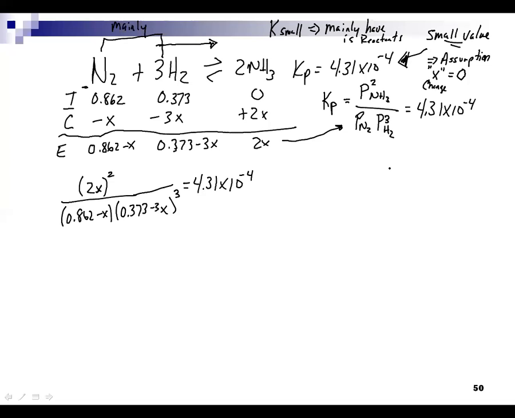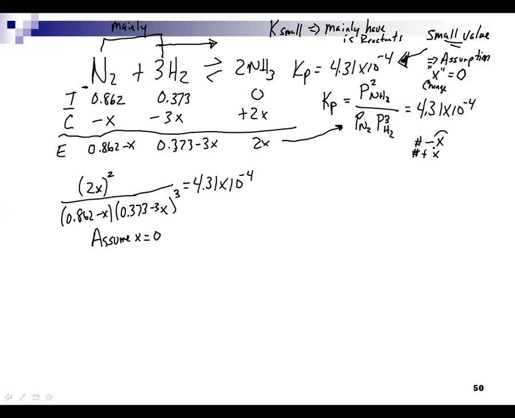And that means we can assume x is equal to 0. Now, clearly, you cannot assume that all the x's are equal to 0, otherwise you've got nothing to solve for. So the x's that we're talking about in this situation are the x's that we're subtracting from a number, or maybe in certain cases, adding to a number.